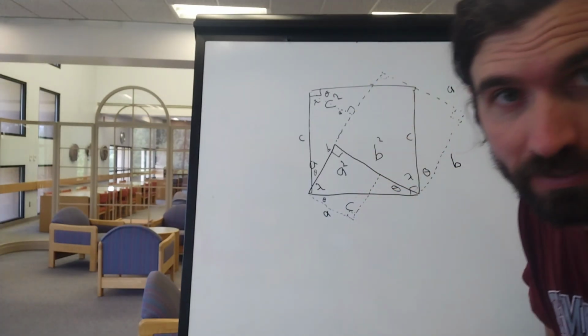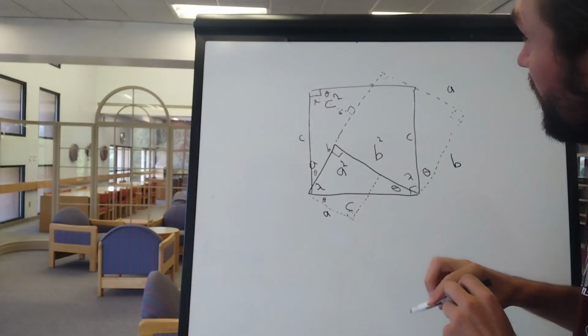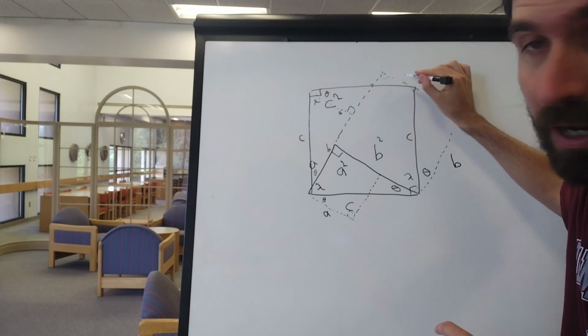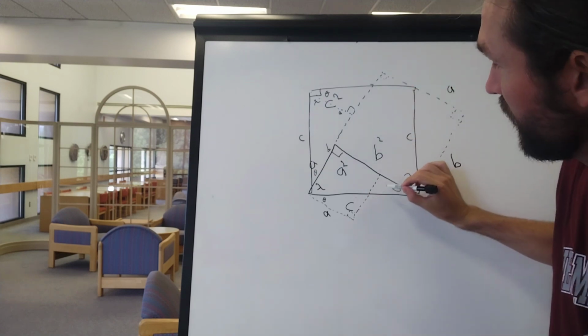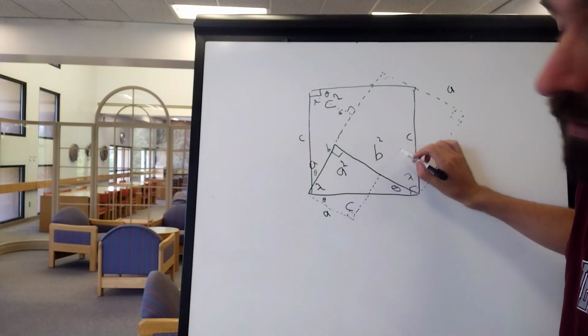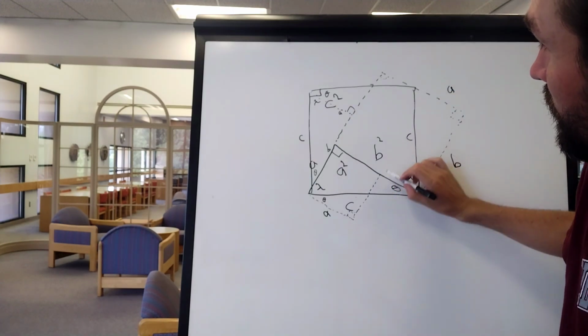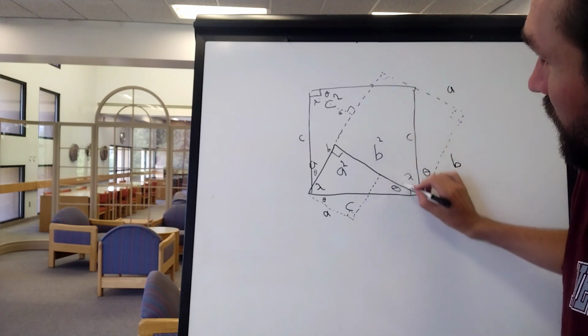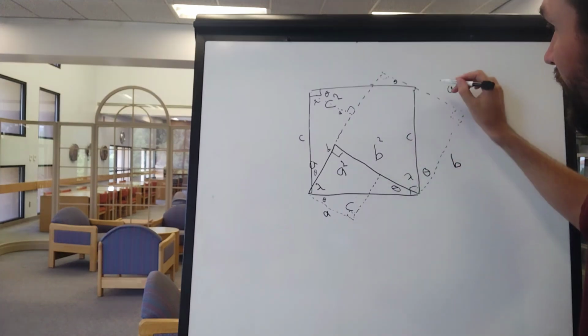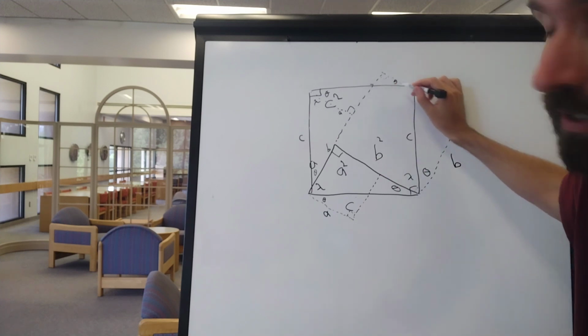The last one, bear with me right here, is to justify that this corner of B squared can fill in this bottom portion right here. This is a side of B and this is a side of B squared. So it's parallel. So if this is theta, this also has to be theta. And the trick is, what's this length here?